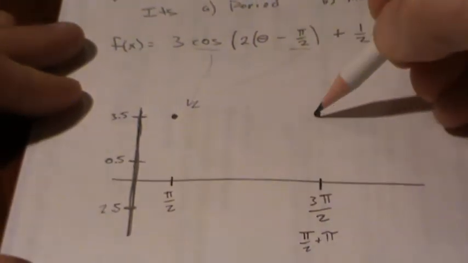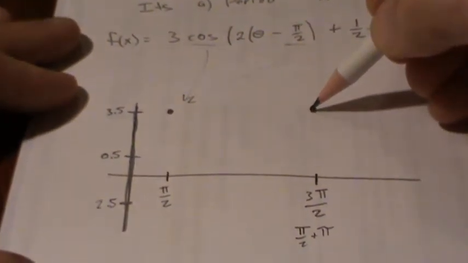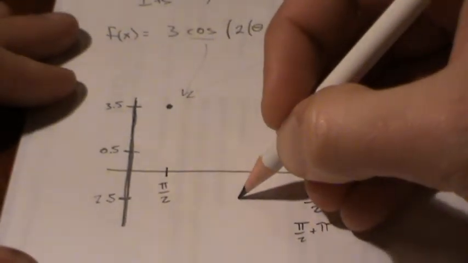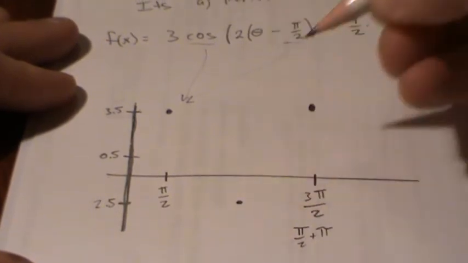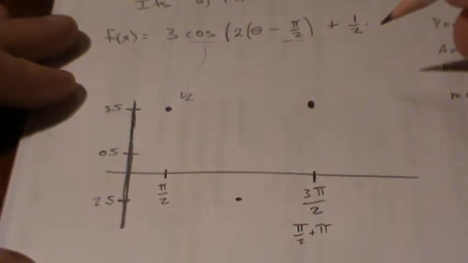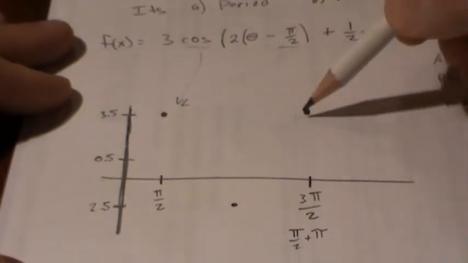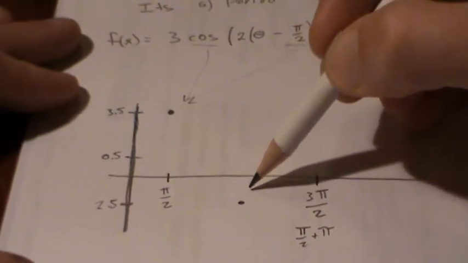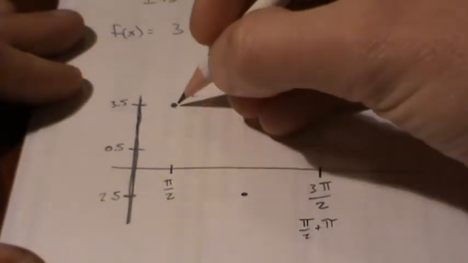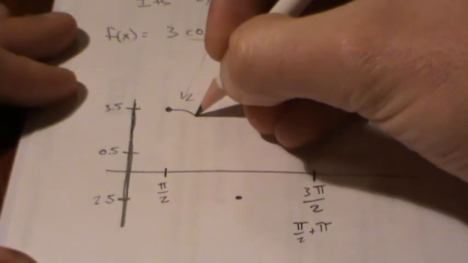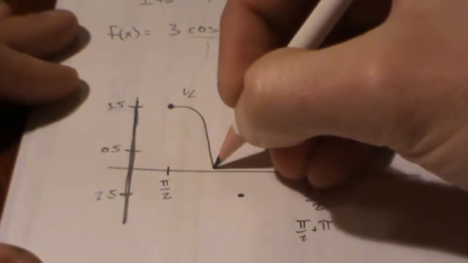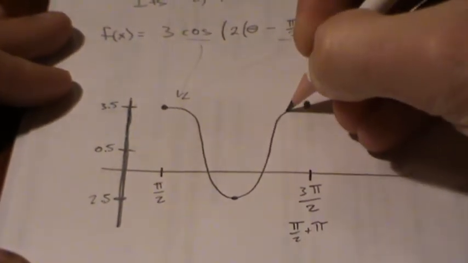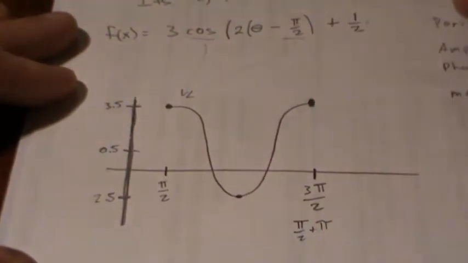So I'll definitely get back to a maximum here. Right in the middle is where I'd have my minimum, between the two maximums. The rest I can just fill in, doing the best I can, filling in the graph like so.